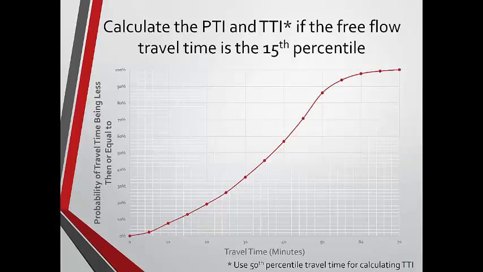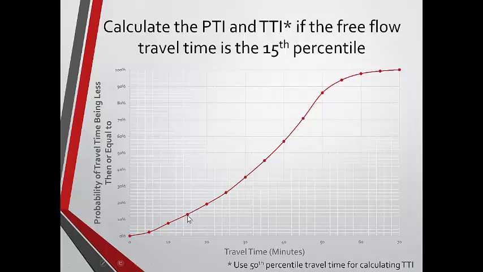So here's an example. In this case, we're going to use the 50th percentile travel time for calculating TTI. We're going to assume the 50th percentile is the average time you find during a peak period. If you look at this plot, our 15th percentile is right about here, about 16.